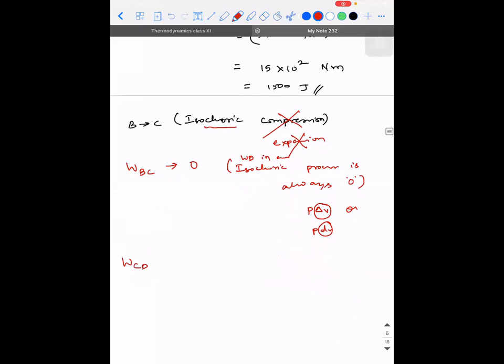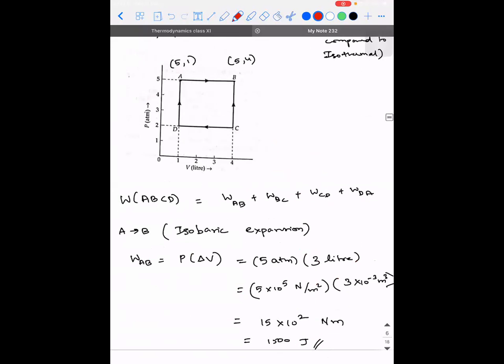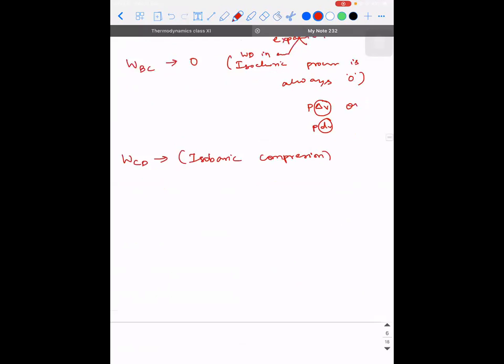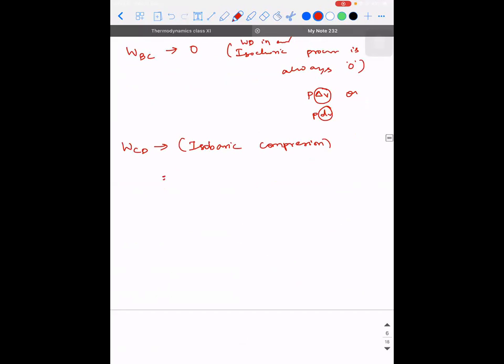Similarly, work done from C to D. Tell me. Isobaric compression, right? So how much will that value be? P into delta V. What is the value of pressure?